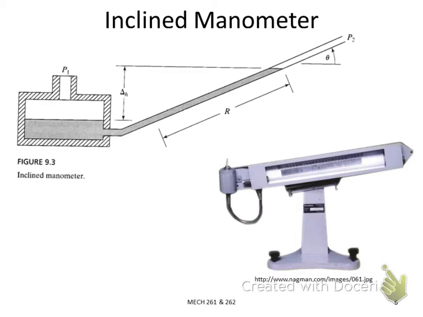For the well-type manometer, we can also have a slightly different version, where we incline the right hand side tube with a certain angle. By doing that, we can increase the sensitivity of the manometer. Let me derive why this sensitivity can be increased.